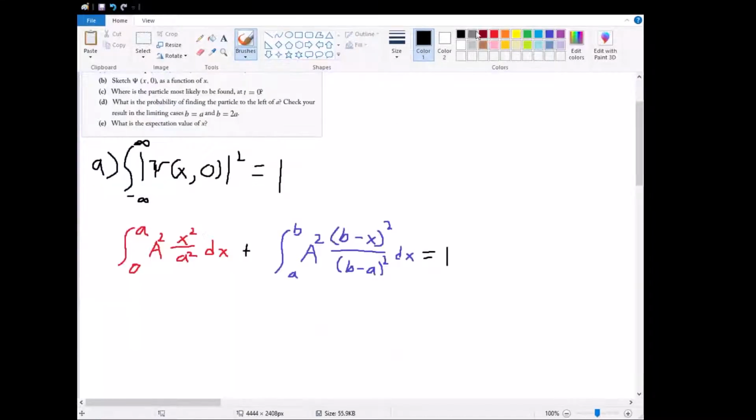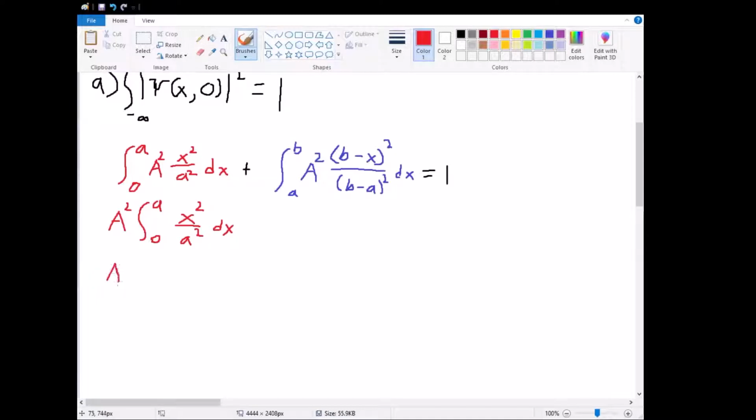So we can start by moving our constants out of our integral, and let's just start with the left side. So A squared times the integral from 0 to a of x squared divided by a squared dx. We can move the a squared out as well.